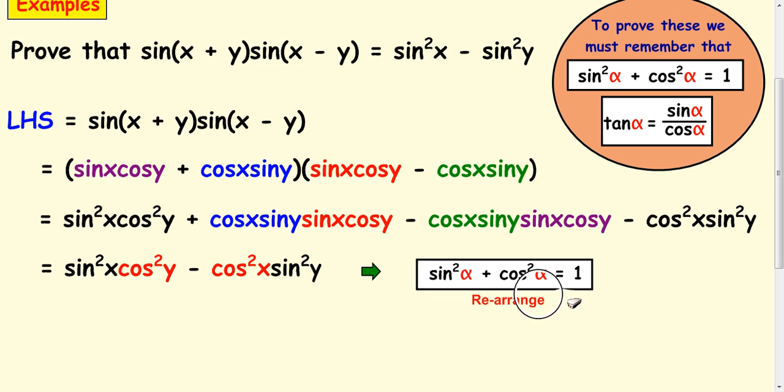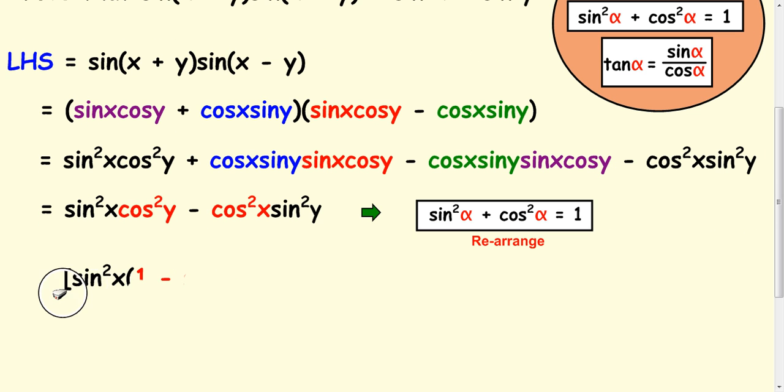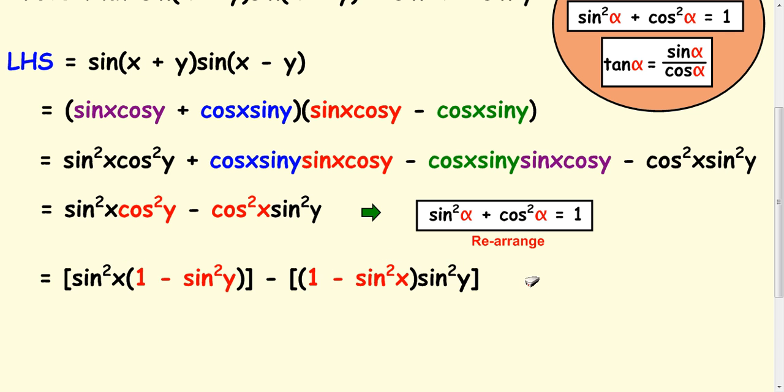So I'm going to use this, but I'm going to rearrange it so that cos squared y is equal to 1 minus sine squared y, and cos squared x is equal to 1 minus sine squared x, thus getting rid of the cos and the cos here. So if you substitute that in, then that looks like this.